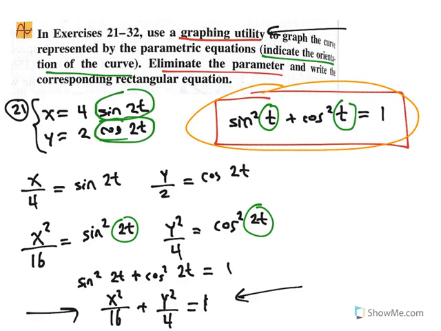So if you take a look at that, we just took care of the last part of the instructions: eliminate the parameter and write the corresponding rectangular equation. That's been done. So use a graphing utility. We'll use Desmos to graph the curve represented by the parametric equations and indicate the orientation of the curve. Do you really need a graphing utility for this particular problem? You don't really need it. You can do it by hand.